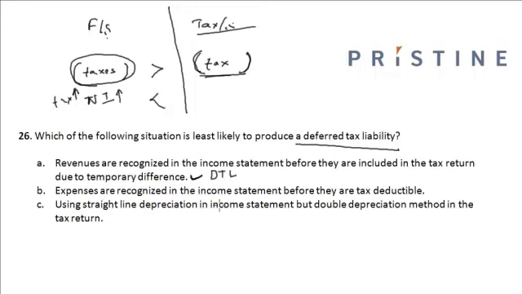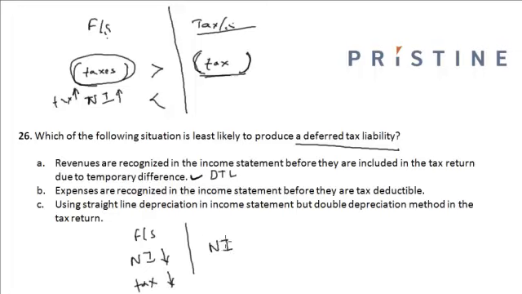The expenses are recognized in the income statement before they are tax deductible. Now, if the expenses are recognized in the income statement but not in the tax statement, then my net income in the financial statement will go down, and hence my taxes will also go down.